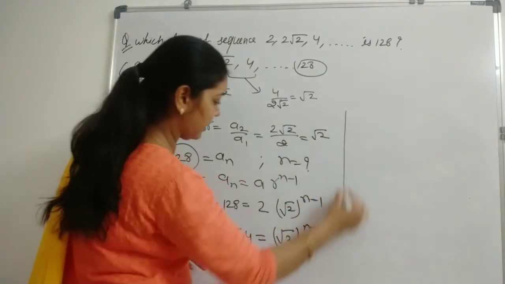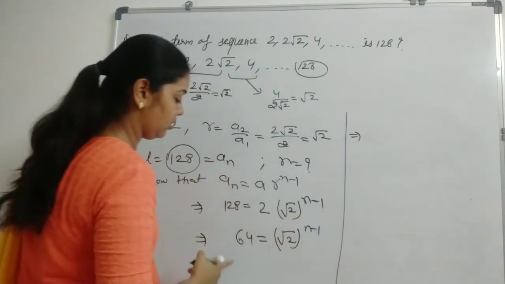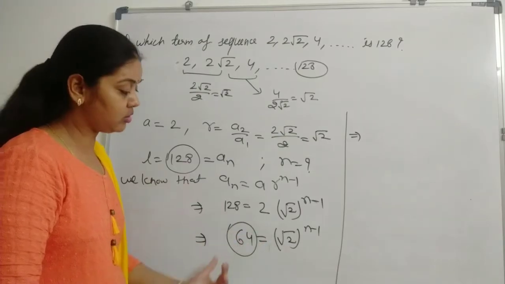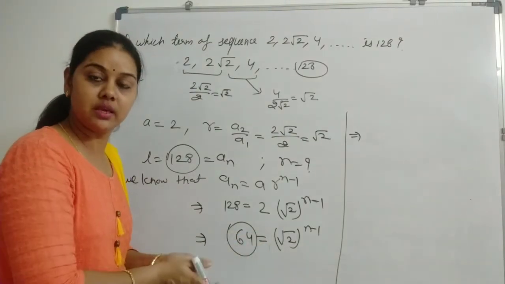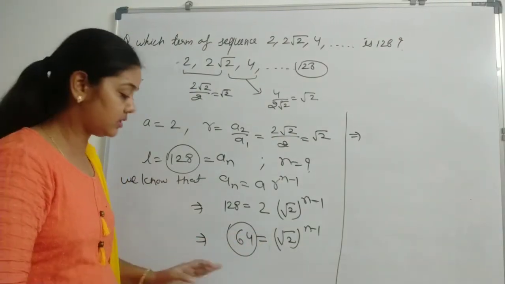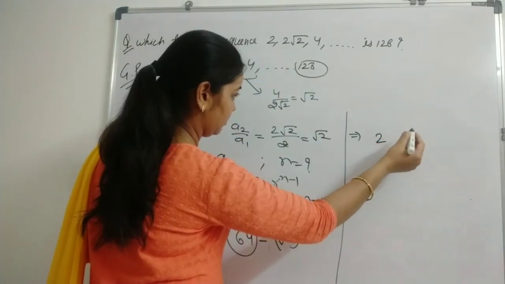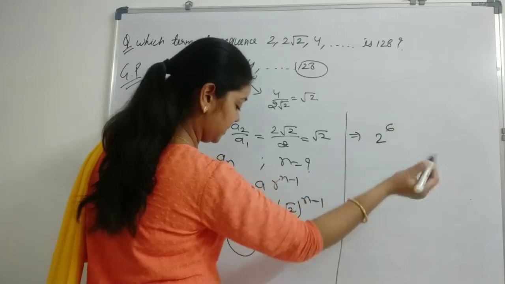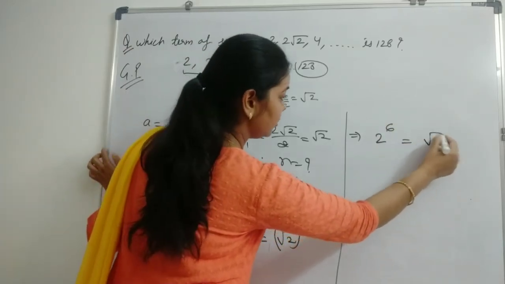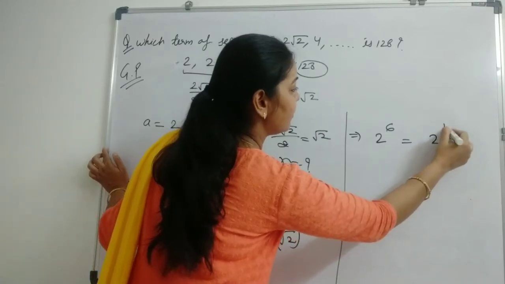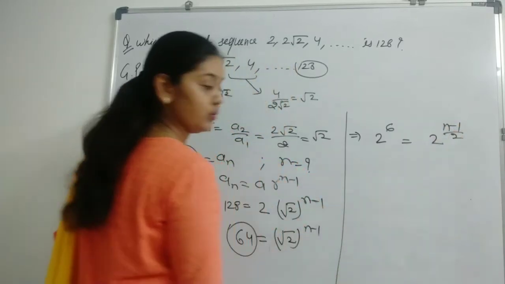Or I can write it like this: 2 raised to power 6 equals root 2 raised to power n minus 1. We will make the base the same on both sides, so the power will also be the same. Or I can write 2 raised to power n minus 1 upon 2.